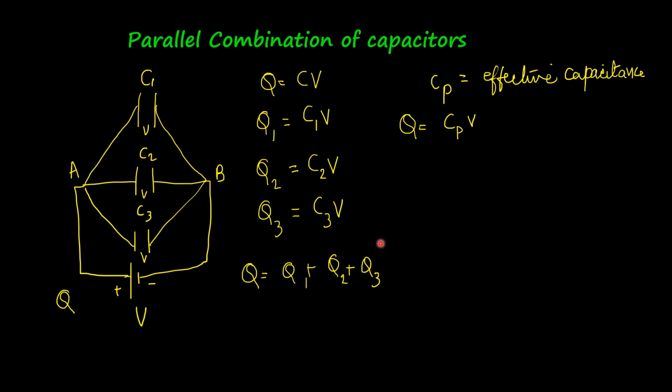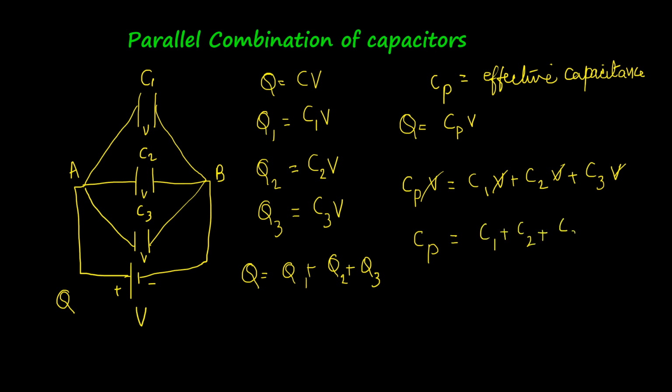So Q is equal to Q1 plus Q2 plus Q3 becomes CpV is equal to C1V plus C2V plus C3V. V on the left hand side and right hand side get cancelled. So what remains is Cp is equal to C1 plus C2 plus C3.